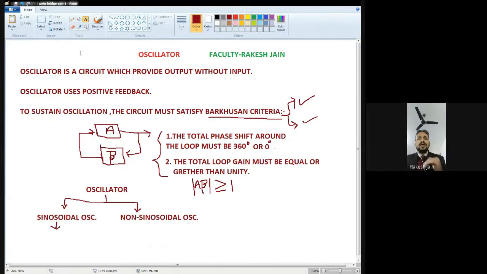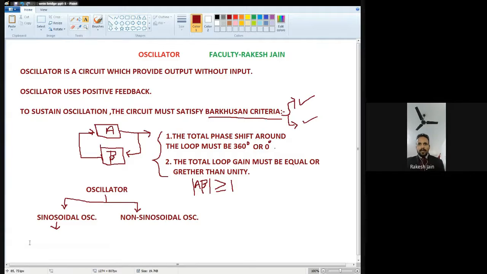And those which consist of reactive elements like inductance L and capacitance C are termed LC oscillators. They consist of a tank circuit which is responsible for sustaining the oscillations, like Hartley oscillator, Colpitt's oscillator.